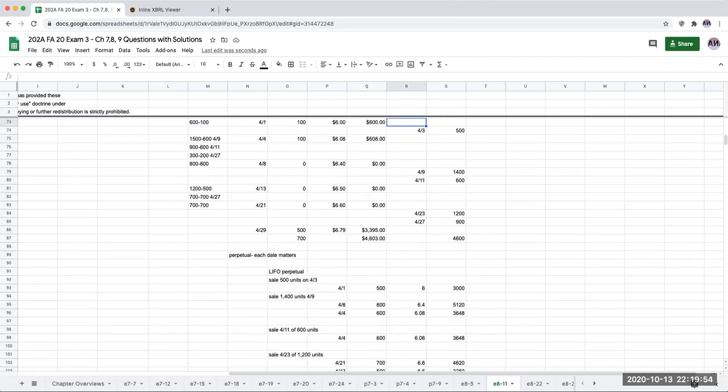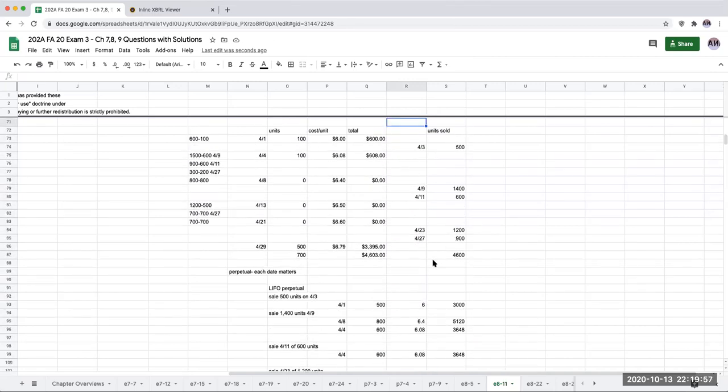Now, if I looked at this problem again to make my life significantly easier, what I should have done is I should have said, okay, there's so many units being sold, what's in my ending inventory? And it would have been, I know that this 500 is going to be there because this is after the sale date.